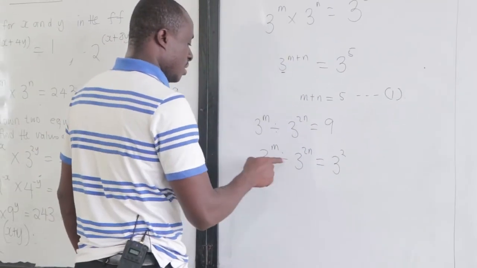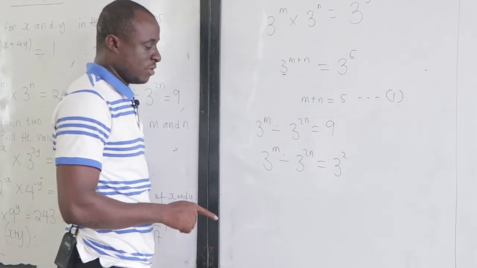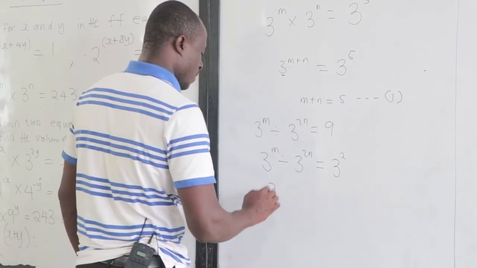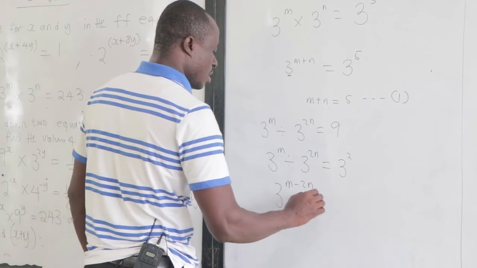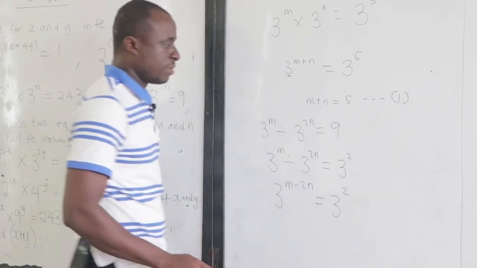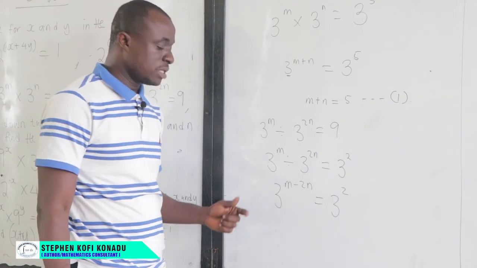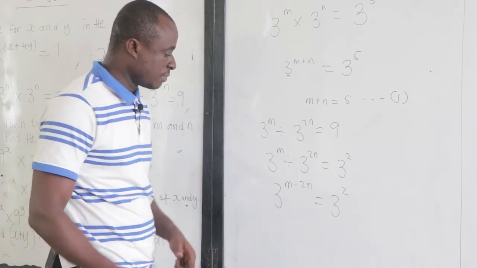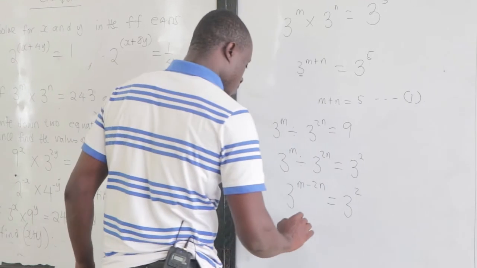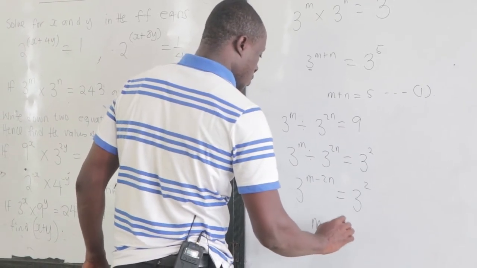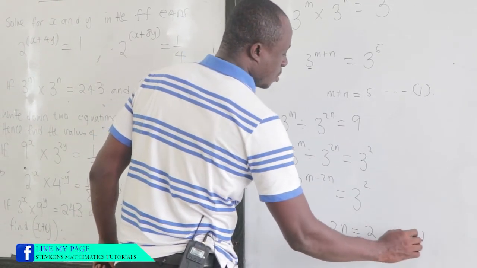Because we are dividing, we subtract the exponents. We have 3 to the power m minus 2n equal to 3 to the power 2. Which principle did we use? We used the second rule: if you are dividing and the bases are the same, you subtract the exponents. Clearly, we can equate the exponents. We have m minus 2n equal to 2.